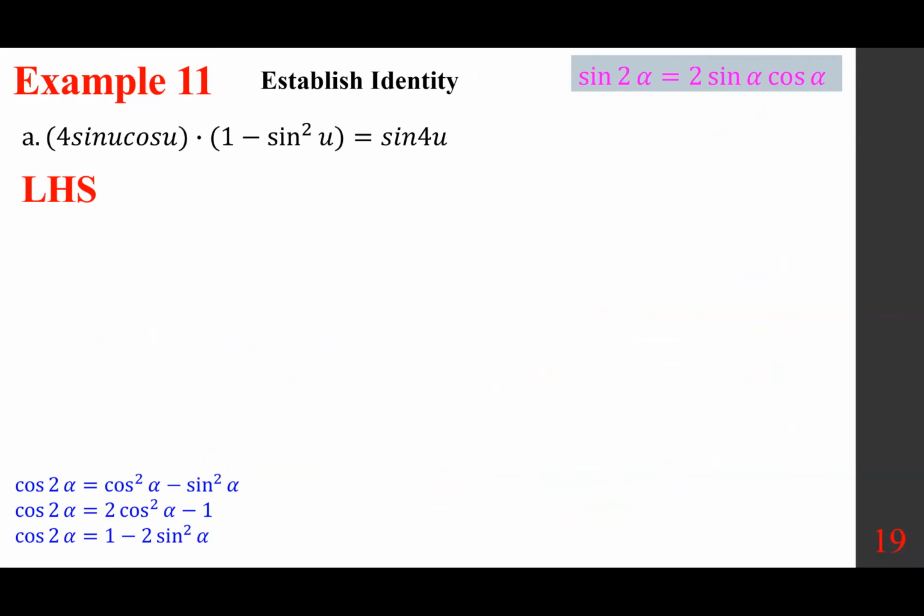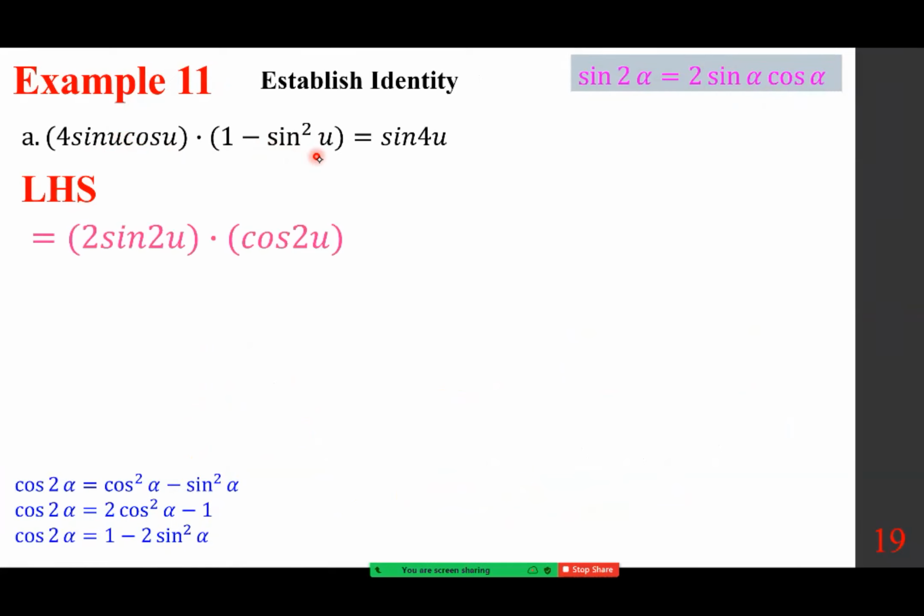All right, we want to establish the identity. Cosine u is using this one. This will be 2 sine 2u. Again, we are looking at the left-hand side. And this is cosine of 2u.